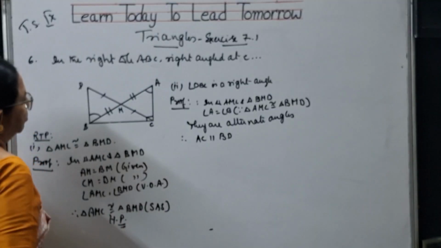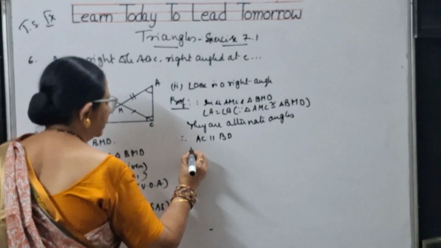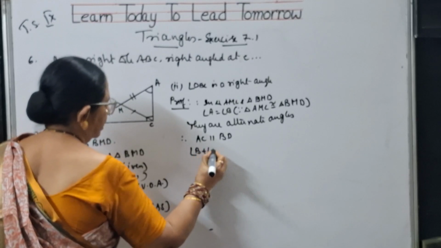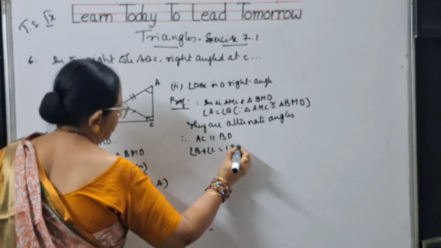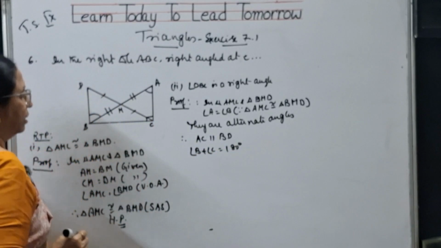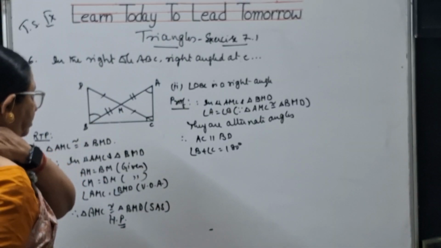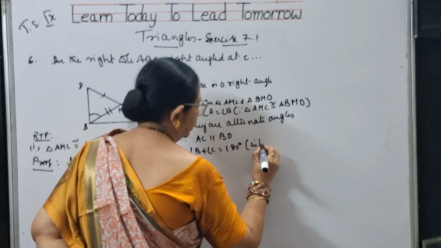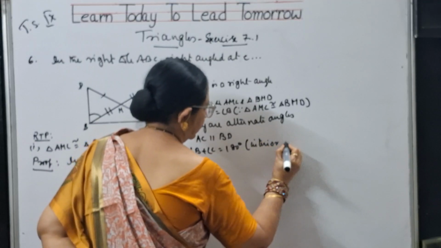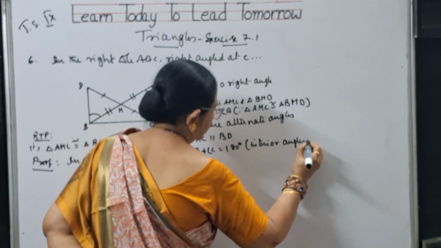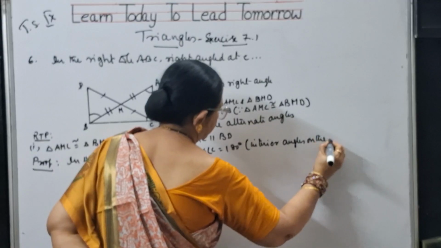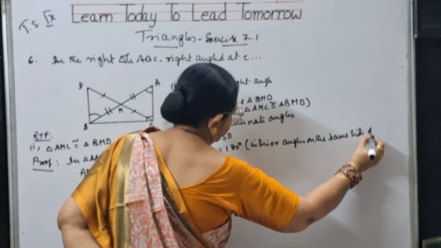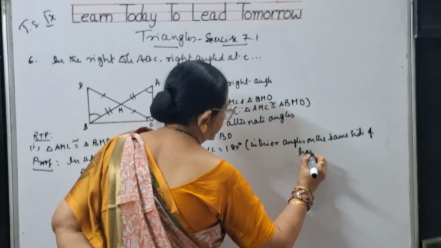When AC is parallel to BD, angle B plus angle C should be equal to 180 degrees. Why? They are interior angles on the same side of transversal.